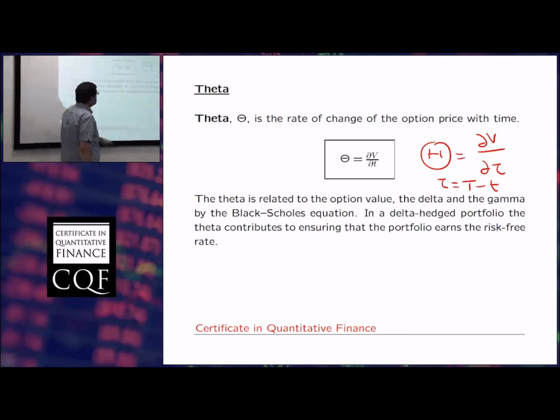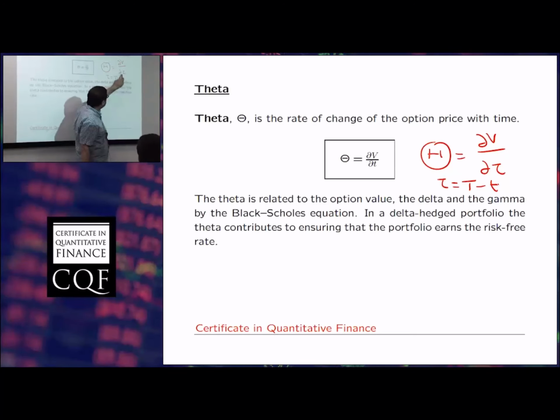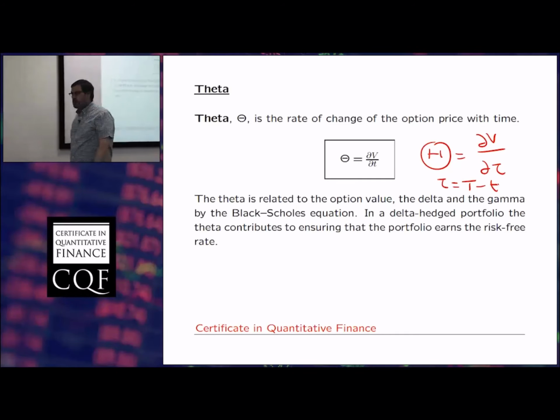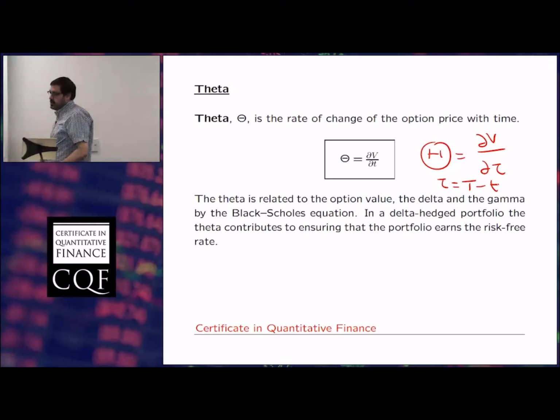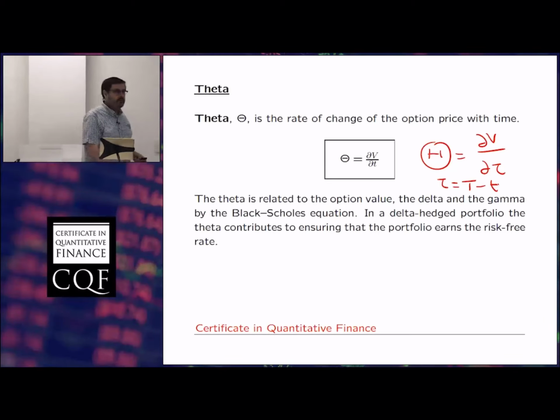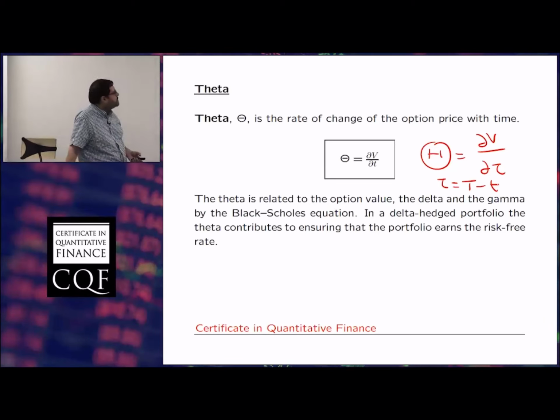In other words, the sensitivity of V with respect to a change when this decreases by 1 day. So this is the one Greek that tends to have a negative value. For that reason, it's also sometimes called the theta bleed. And that's theta.